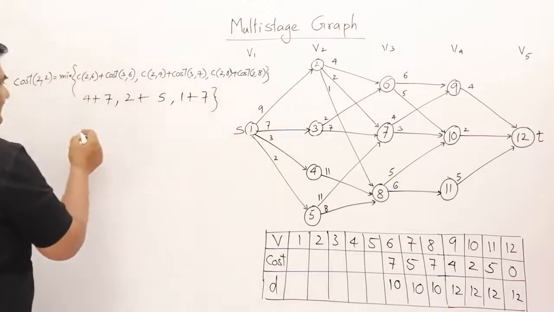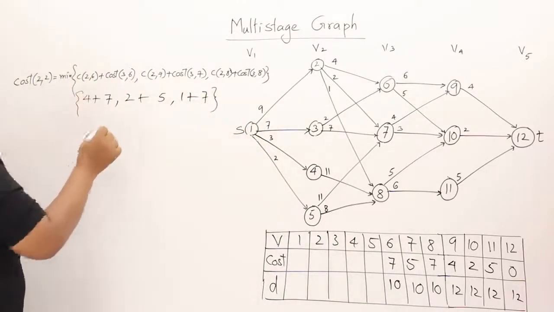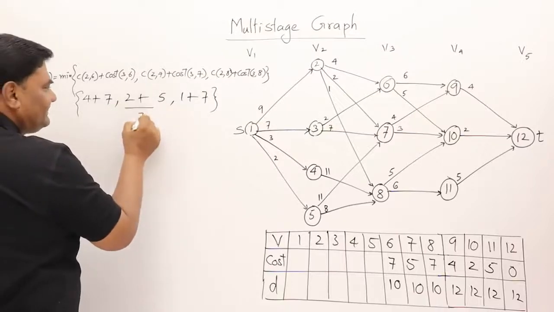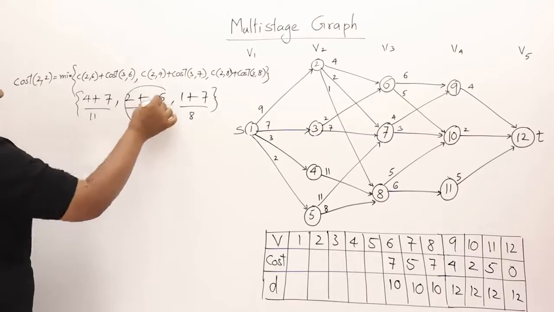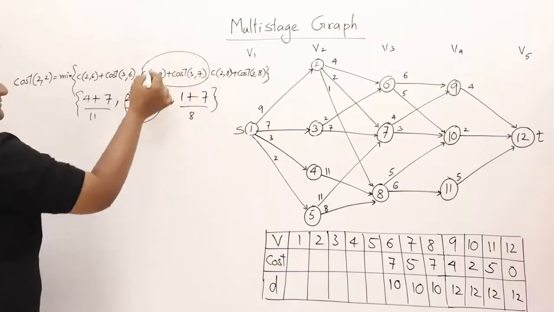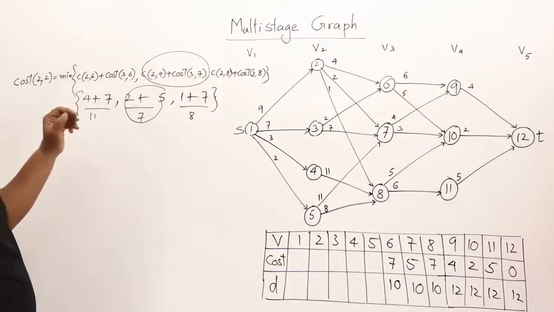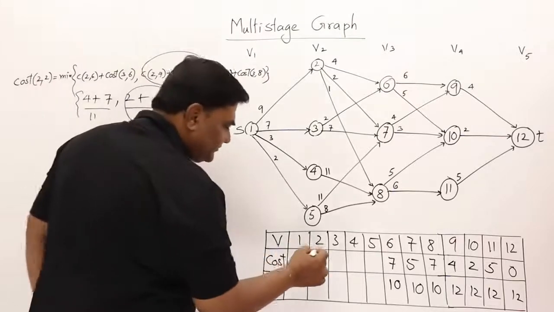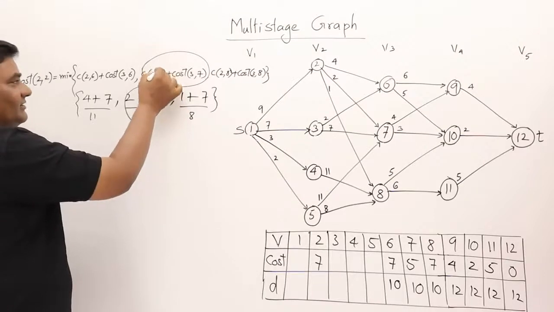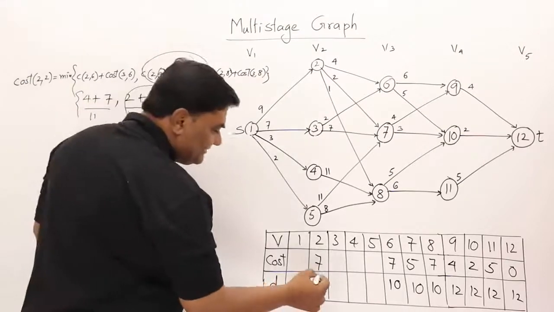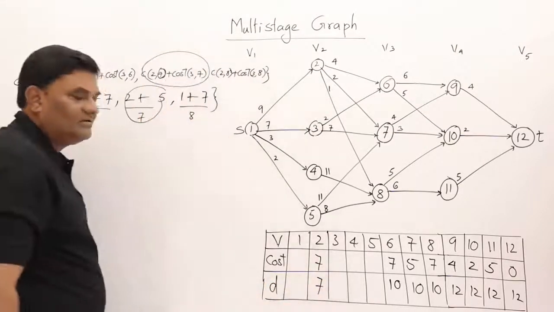Out of these three, which one is smaller? This is 11, this is 7 and this is 8. So 7 is smaller. So this one has given us the minimum result. So the answer for the cost of vertex 2 is 7. And who has given us the minimum result? The vertex 7 has given us the minimum result. So this is 7.